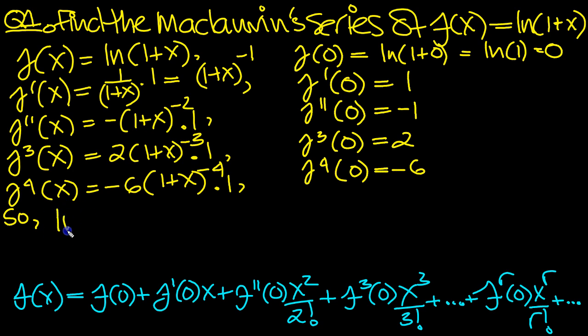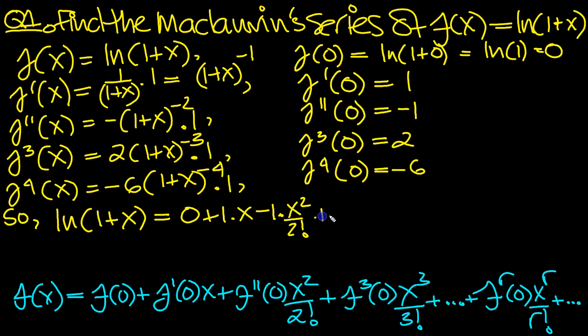We've got our log of 1 plus x, our f of x, is equal to, now the formula, f of 0, which is 0, plus f dash 0, which is 1, times x, plus f double dash 0, which is minus 1, times x squared over 2 factorial, plus f of 3 of 0, which is 2, times x cubed over 3 factorial, and then plus f of 4 of 0, which is minus 6, times x to the 4 over 4 factorial.